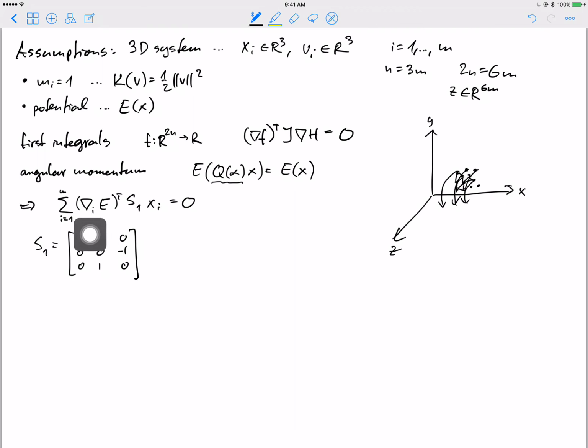And this is the gradient of the potential with respect to the ith particle, so that's the negative force acting on particle number i, and since I transpose it, it's a 1 by 3 vector. So altogether, this produces a scalar, and this says that if I sum all the scalars, I get 0. That's what we ended with last time, and that involved differentiating by alpha and massaging until you got this expression. You remember that?